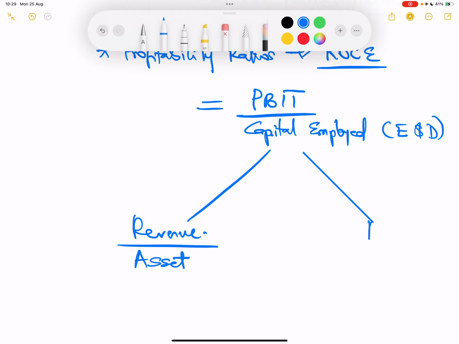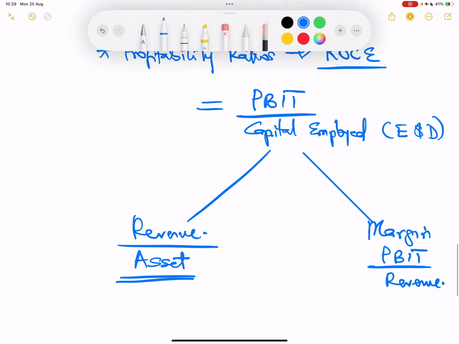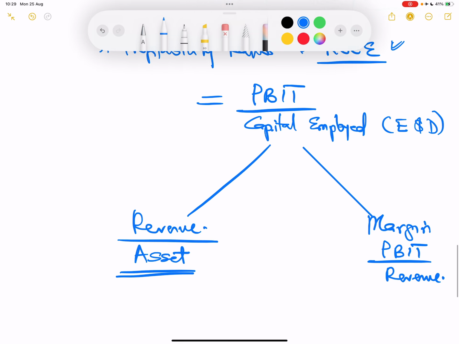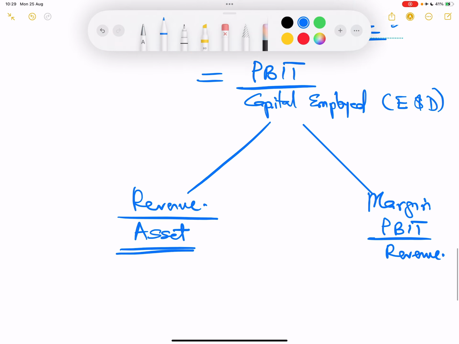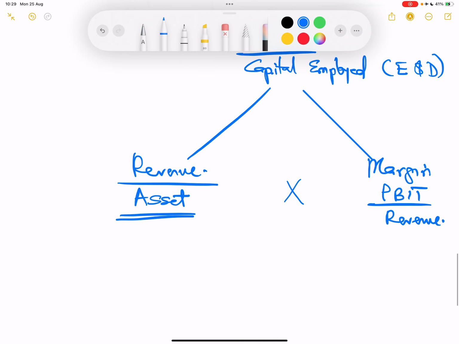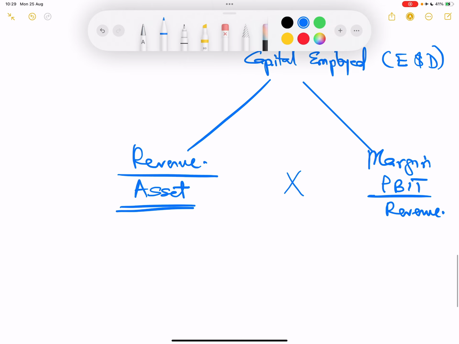So margin is very important, and that is you talking about the profit upon the revenue that the asset has provided. And that is why your profitability ratio of ROCE is also calculated by multiplying your asset turnover by the margin, the operating margin.